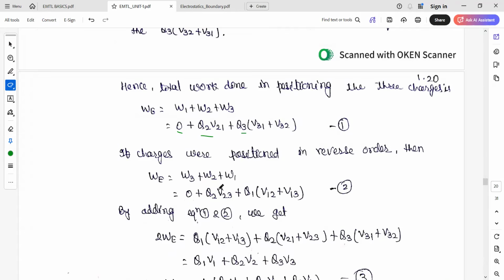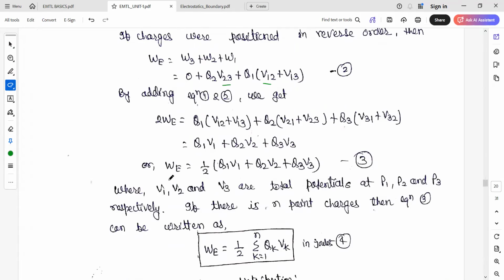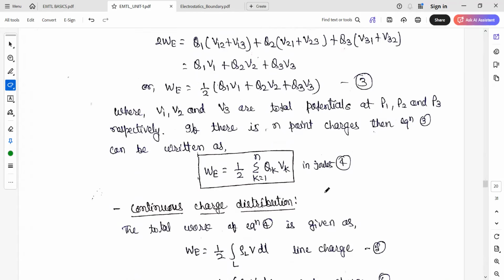Then if we bring Q2, charge 3 is already there, so the potential will be V23. When we bring the charge Q1, Q3 and Q2 are already available, so due to that the potential is V12 plus V13. Now we add both equations. So we have W equal to half of Q1V1 plus Q2V2 plus Q3V3. And in general, when we have multiple charges, W equal to half the summation from k equal to 1 to n of Qk into Vk.